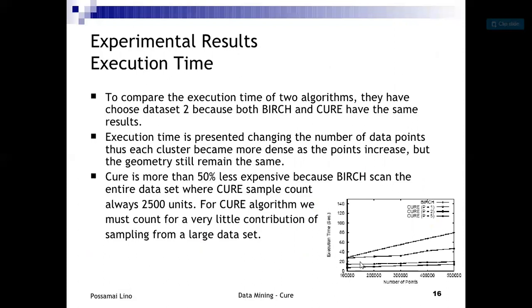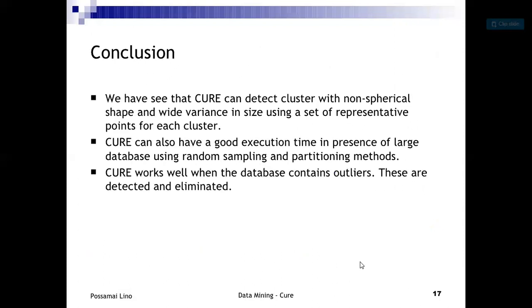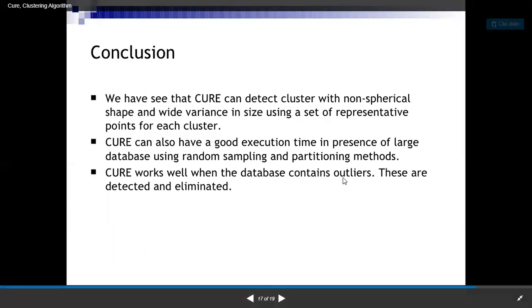So while we are dealing with a data warehouse of very huge size, this technique becomes very efficient in comparison to the BIRCH algorithm. And it can also work on non-spherical shapes, and it has a very good execution time in the presence of a large database using the random sampling and partitioning method. And the outliers can be easily detected with this technique.